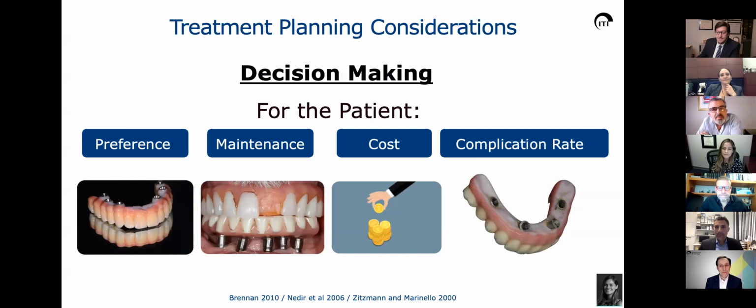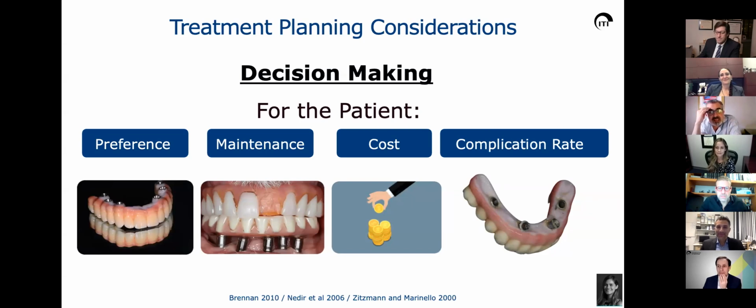Herman, on the preference that Renetta just mentioned, maybe the audience would be happy to know that about 18 years ago, I think Professor Van Steenberg from Belgium published a very interesting article. Although I have a bias to fixed, I will admit that right away.